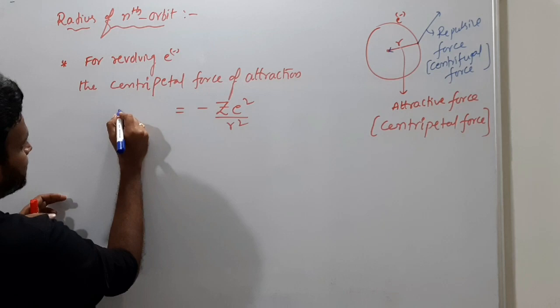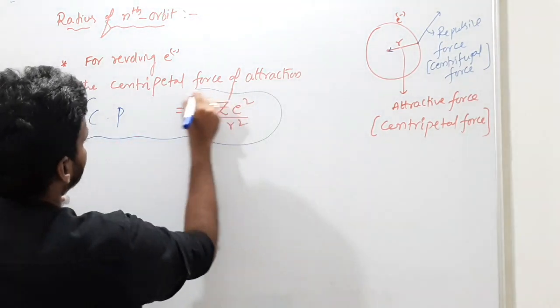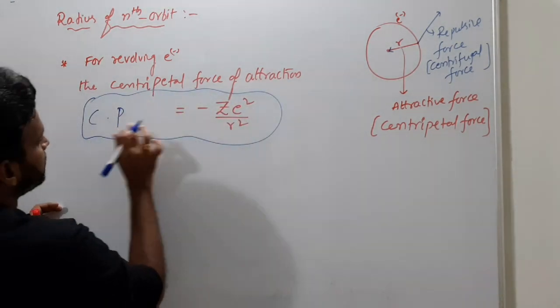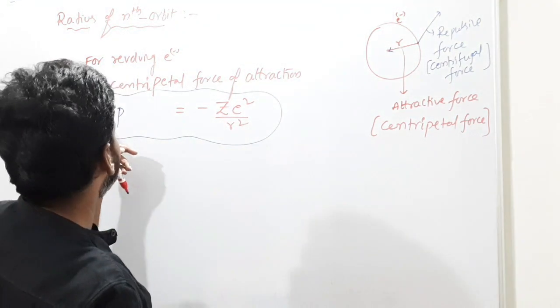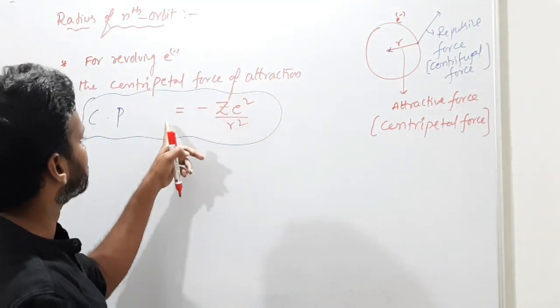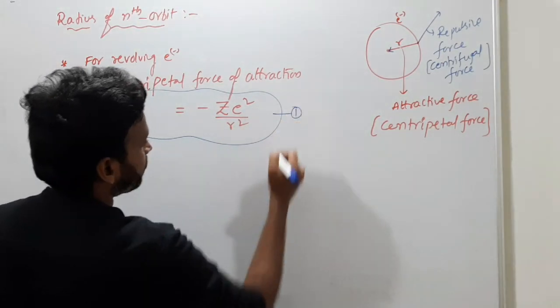Okay, CP, like that you can remember. Centripetal force of attraction is equal to minus Ze square by r square. This is equation 1.